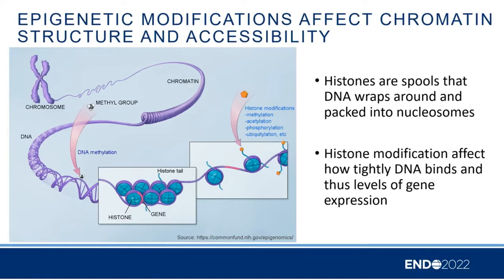So let's talk about histones. Histones are, as you may know, spools that DNA wraps around and packs into nucleosomes in the cell. Histone modifications affect how tightly the DNA is wrapped around the histone, and therefore affect the level of gene expression.